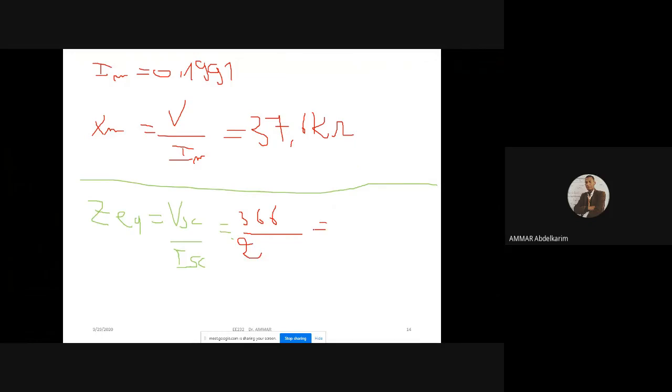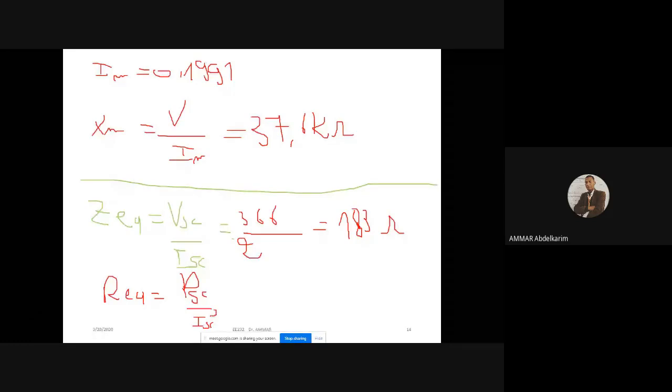So it will be equal to what? 366 divided by 2. It's 138 ohm. This is the equivalent Z. So R equivalent equals to what? R equivalent equals P short circuit over I short circuit square.